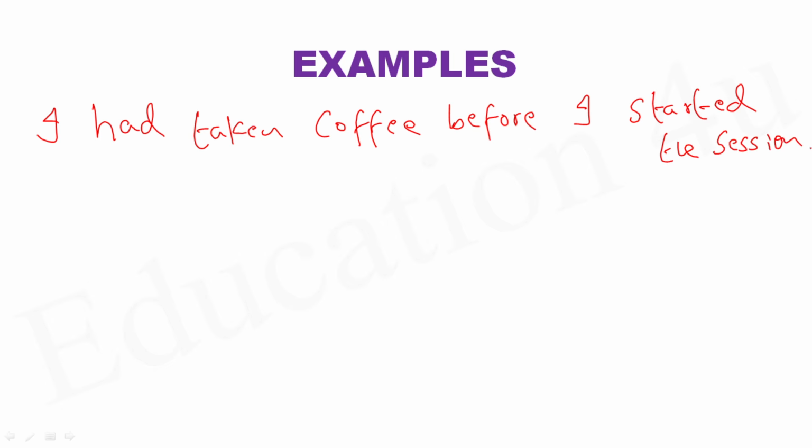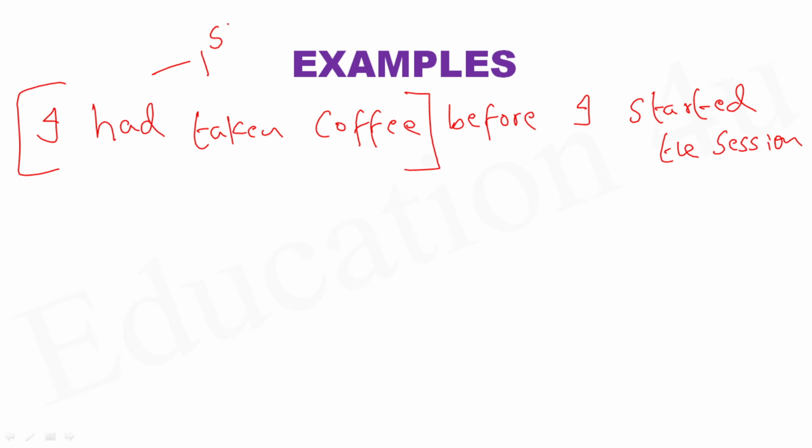What exactly is the meaning of the sentence? If you notice something interesting, here I have done two actions. I have taken coffee, I have started the session. But between these two, the first action that I made was taking coffee. That is the reason, this part of the sentence is the action that happened first.